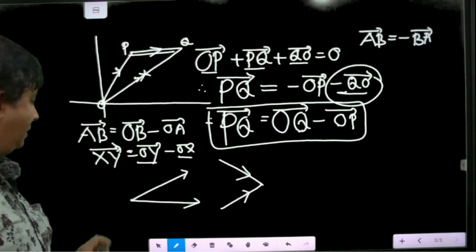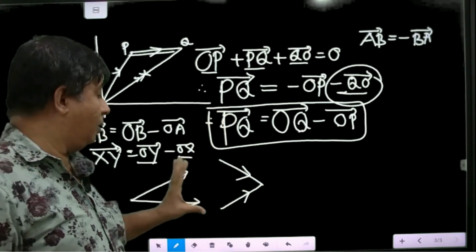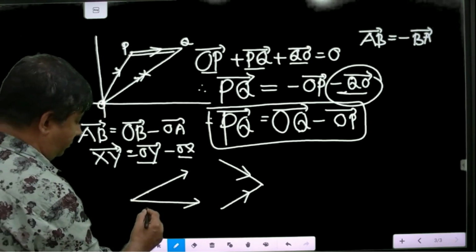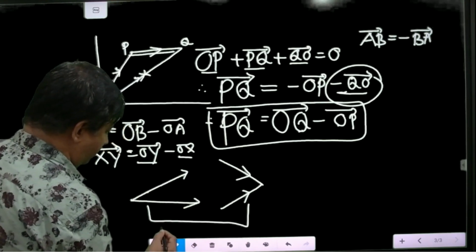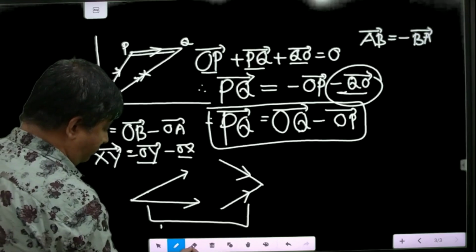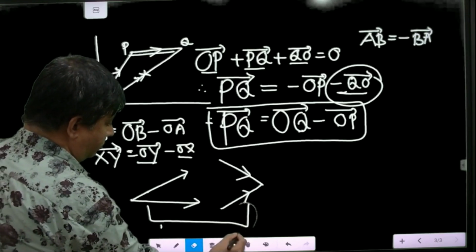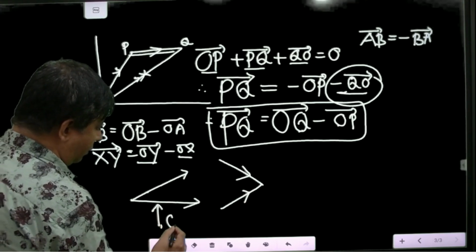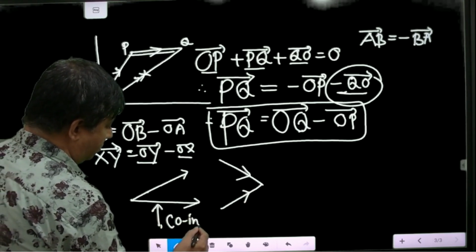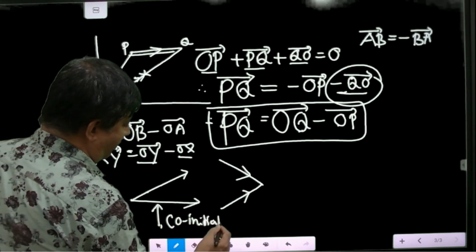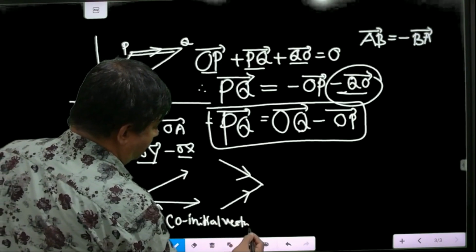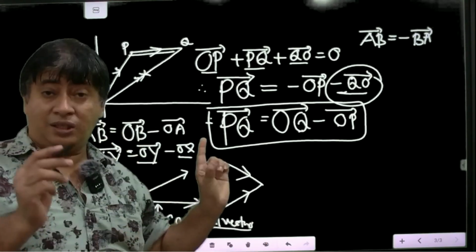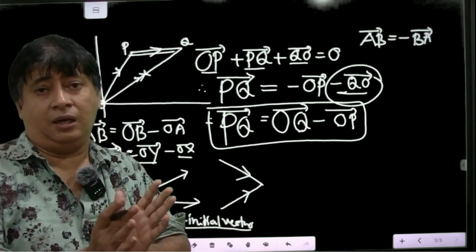These are called co-initial vectors, meaning their initial positions are the same.